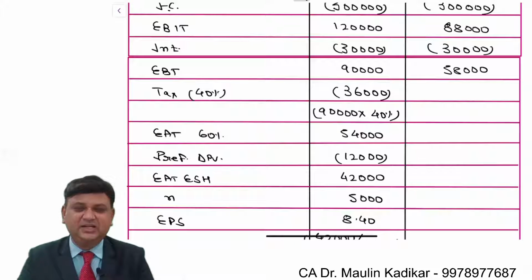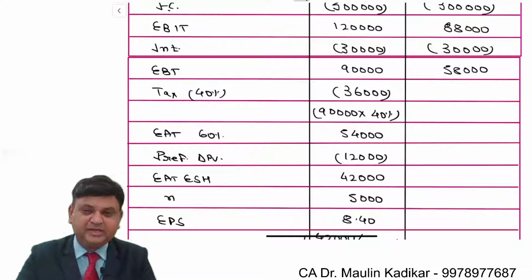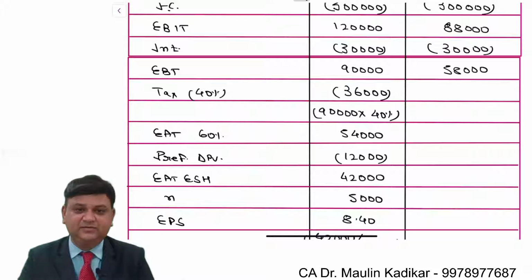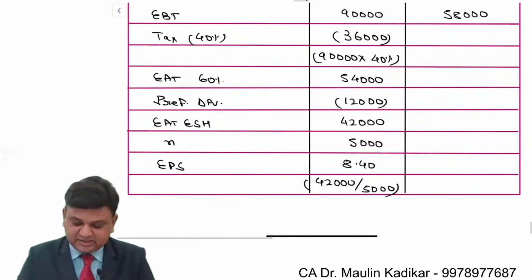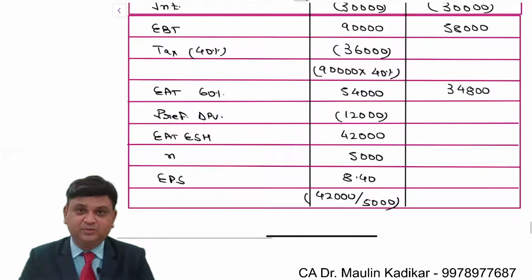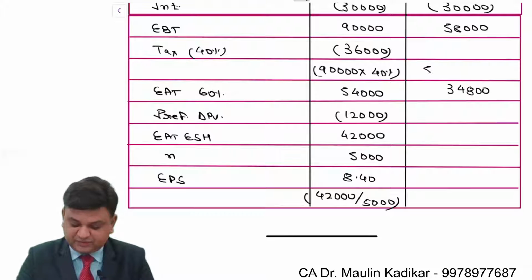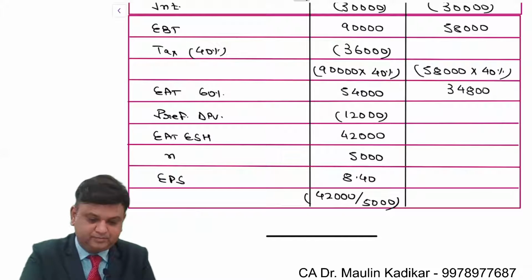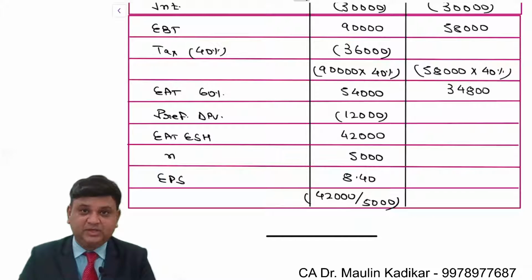Now friends, honestly, there is no need to compute the tax. You can multiply by 0.6 directly to find earning after taxes, that is an amount of 34,800. We just computed the tax over here. It is 58,000 into 0.4, that is 23,200.